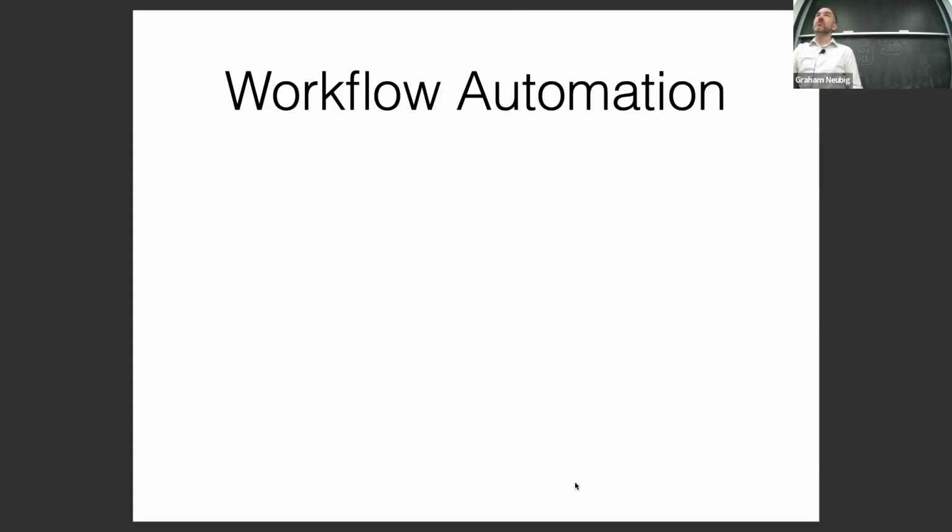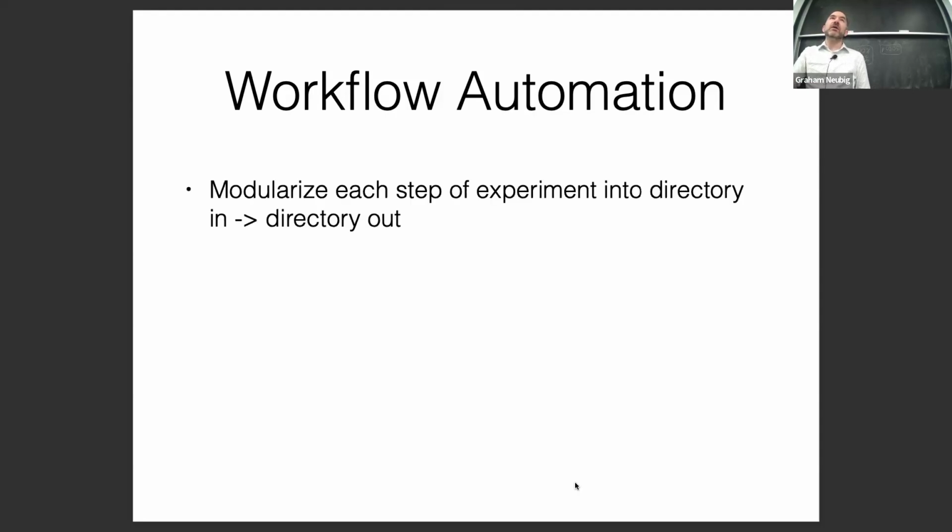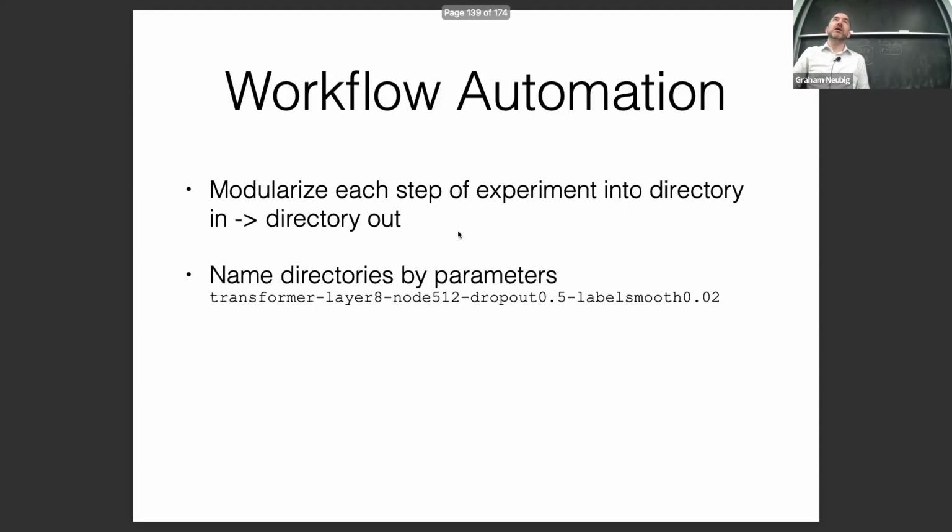So running experiments, one thing I find very helpful is workflow automation. Basically what I like to do is modularize each step of an experiment into a directory, where you have a directory as input and a directory as output. This is my personal way of doing things.